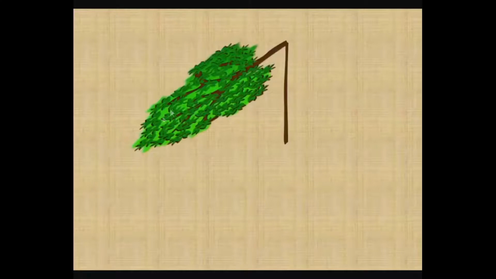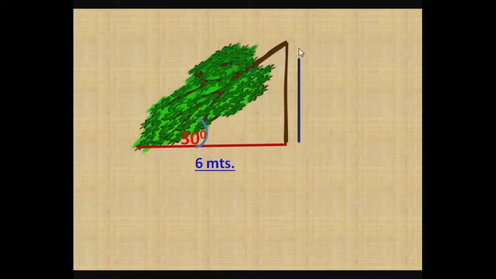Now, the top part of the tree is making 30 degrees angle of elevation with the foot of the trunk. Here this is 6 meters and the angle of elevation is 30 degrees. Now, this is the trunk part and this is the top part.